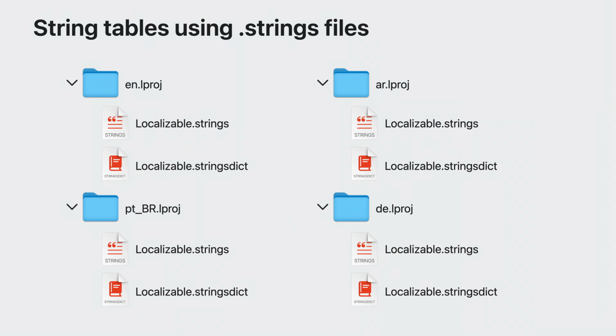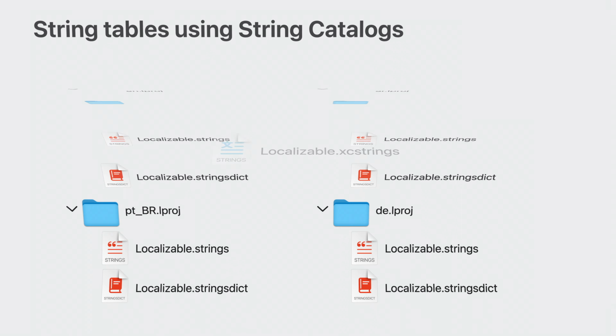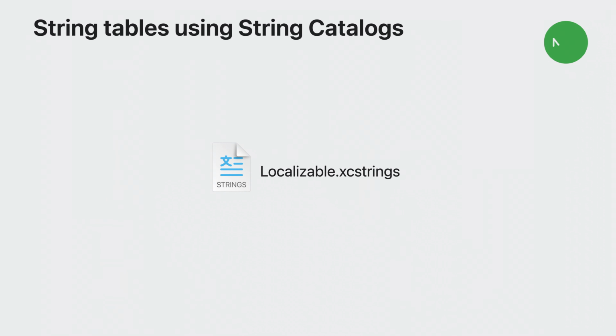For an existing application using strings files, a single string table actually contains strings and possibly stringsdict files within each supported language's lproj directory. All of the files shown here make up the localizable string table. A string catalog, on the other hand, contains an entire string table in a single file.